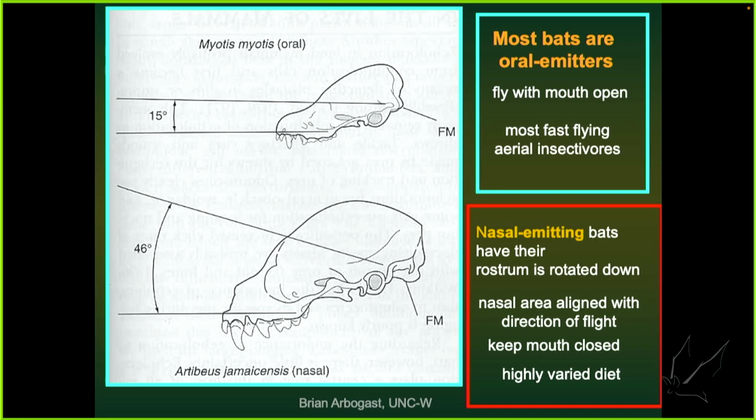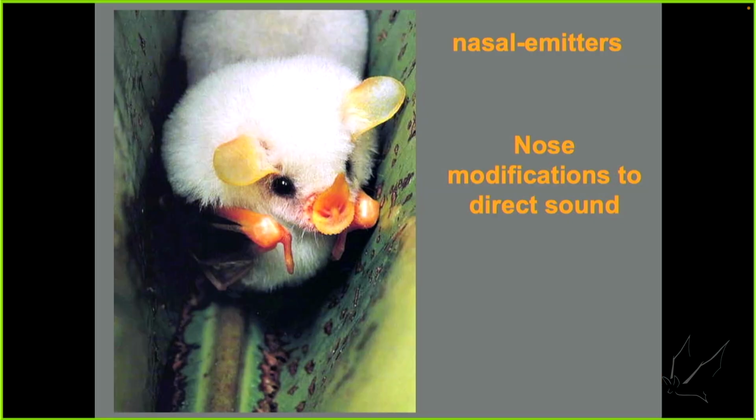That's a little bit more sophisticated way of doing this because it frees up the mouth for chewing or other things when they're still echolocating through the nasal passage. But also these are the bats where you see the elaborate structures on the nose. That's for directing the sound, so they can get a more forward beam of the sound that they emit from these nose leaves.